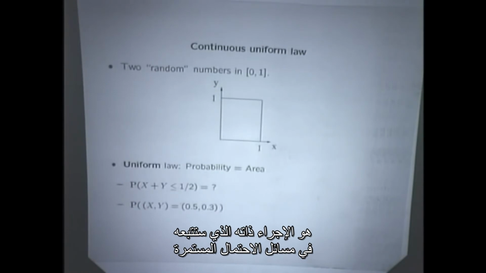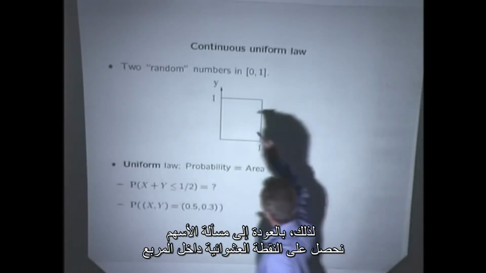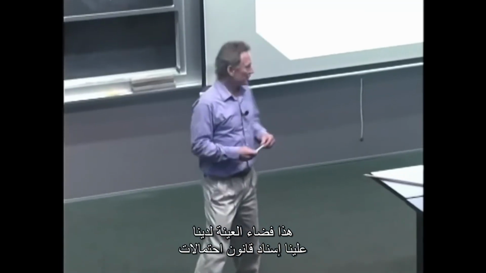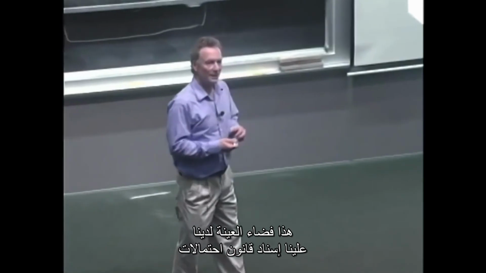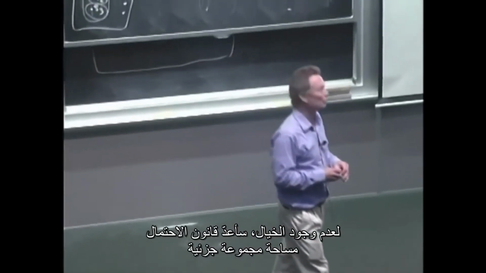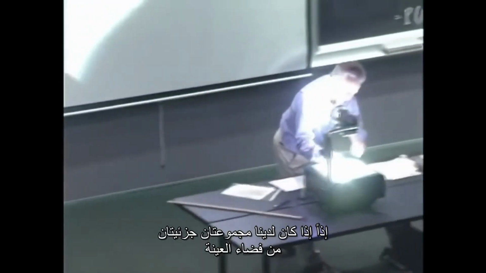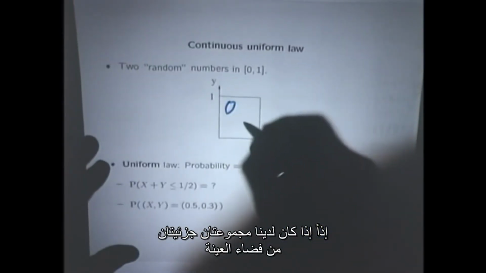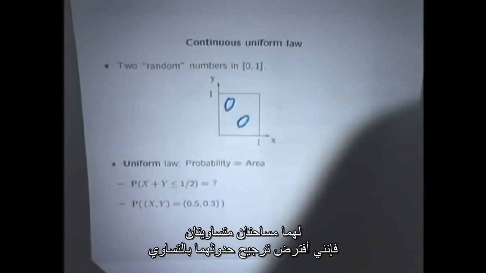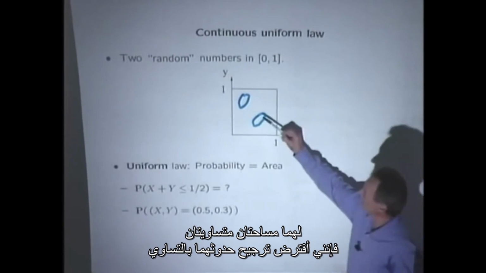Now the procedure we followed in the previous example is the same as the procedure you would follow in continuous probability problems. So going back to our dart problem, we get a random point inside this square. That's our sample space. We need to assign a probability law. For lack of imagination, I'm taking the probability law to be the area of a subset. So if we have 2 subsets of the sample space that have equal areas, then I'm postulating that they are equally likely to occur.